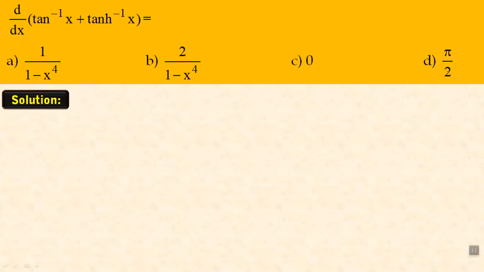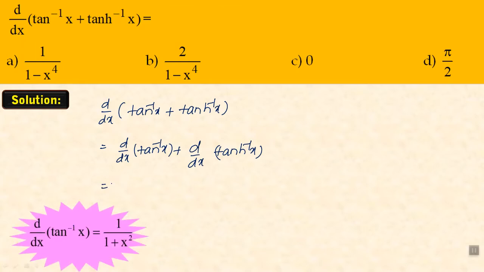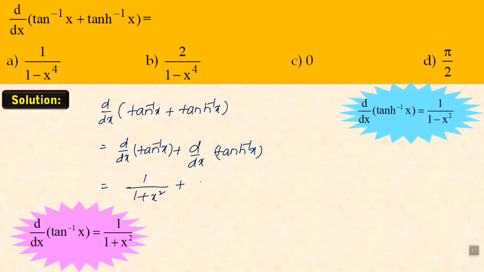Let us find this. D by dx of tan inverse x plus tan h inverse x is equals to d by dx of tan inverse x plus d by dx of tan h inverse x is equals to, we know that d by dx of tan inverse x is equals to 1 by 1 plus x square plus d by dx of tan h inverse x is 1 by 1 minus x square.